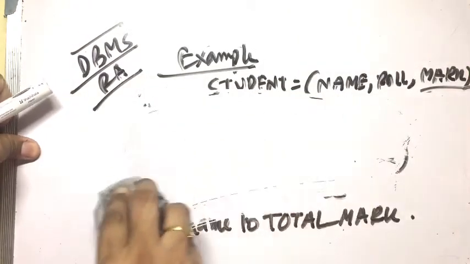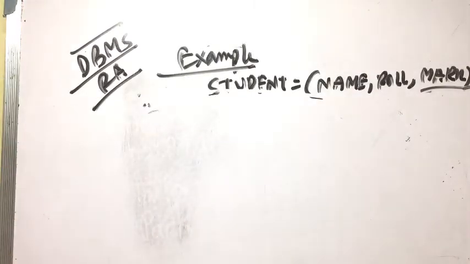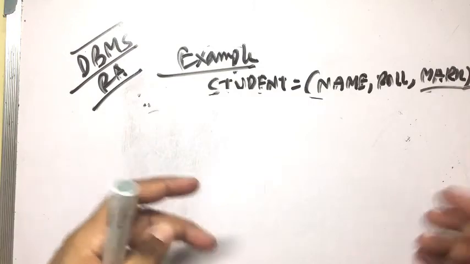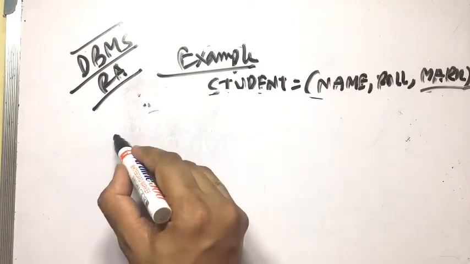Now suppose I want to change both. The student table needs to be changed to student info and marks needs to be changed to total marks. Then we can use this syntax.